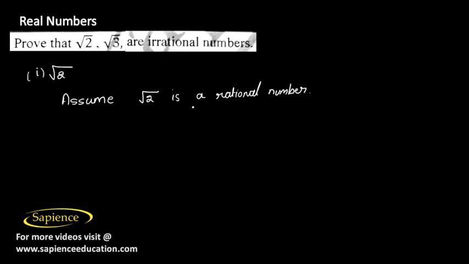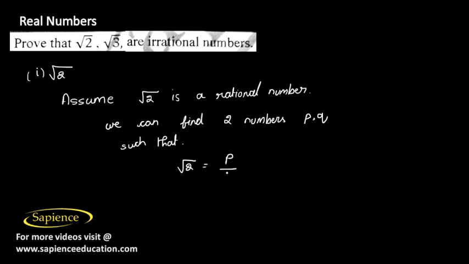So if we assume root 2 as a rational number, we can find two numbers p and q such that root 2 is equal to p by q, where both p and q are integers and q is not equal to 0.